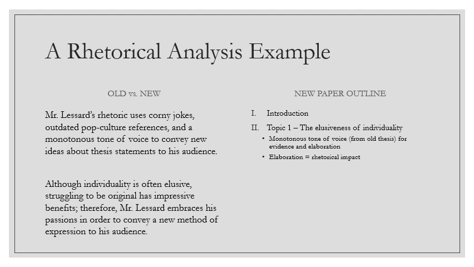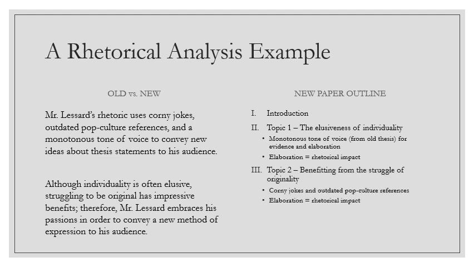So for the elusiveness of individuality, I could use the monotonous tone of voice from the old thesis as evidence to prove this much more complex thought. And then you would elaborate on the rhetorical impact of the monotonous voice in order to prove the elusiveness of individuality.